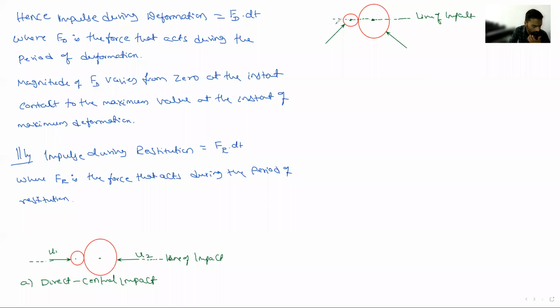Which type of impact is it? Oblique. This is u1, this is u2, this is oblique. So in the exam, he may give a diagram directly and ask which type of impact it is, so you should know.